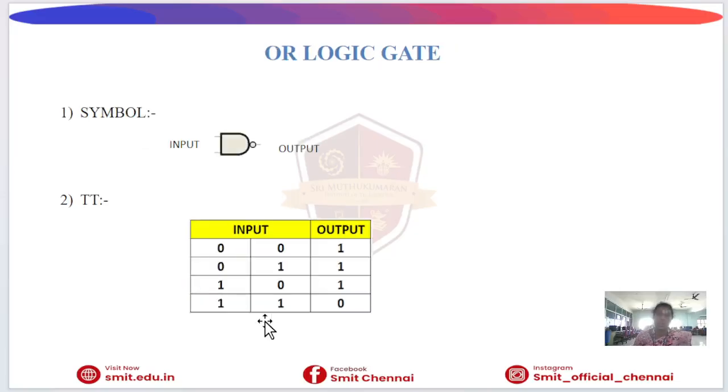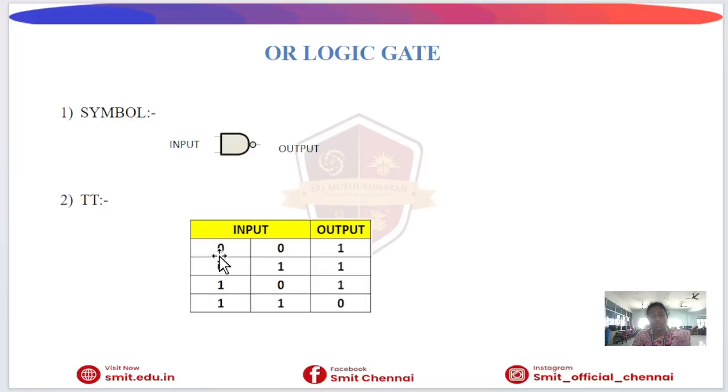The next one is the OR gate. The OR gate produces the output 1 if at least one input is 1. That is the plus condition. 0 plus 0, 0. This is wrong, this is the NOR gate. We have this bubble symbol in front of the OR gate, so it's a NOR gate, that is the complement of OR.